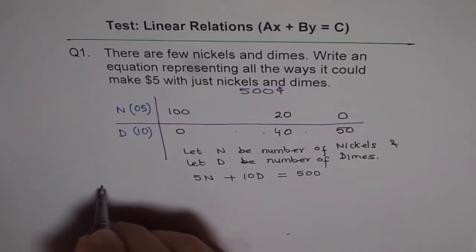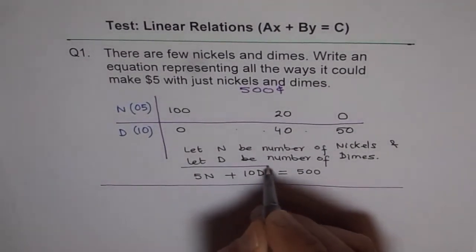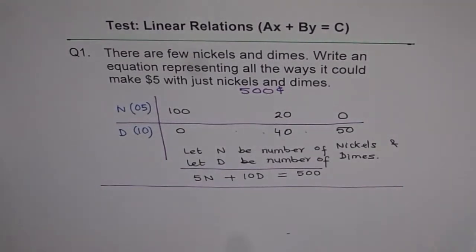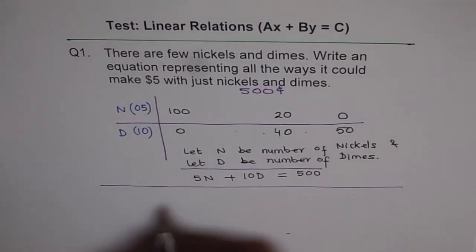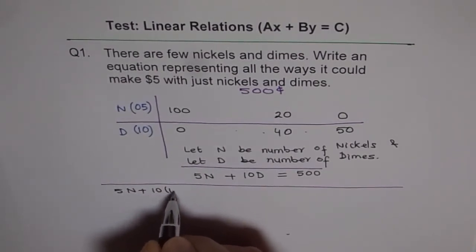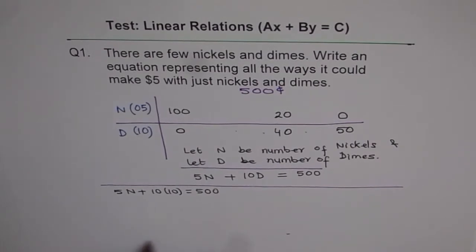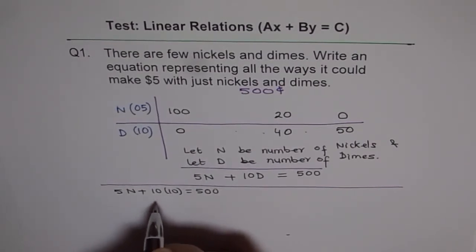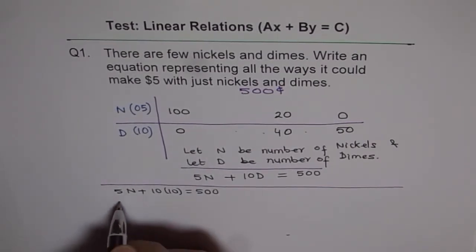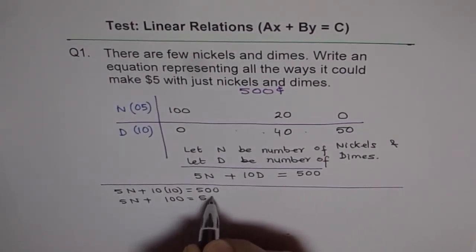So I'll do these calculations on the side. And that's the equation which I'm trying to use. This is the equation, right? So we say, well, if d is 10, then I have 5 nickels plus 10 times 10. I want to make 500 cents, that is $5. That means 10 times 10 is 100. So you have 5 nickels plus 100 equals to 500.